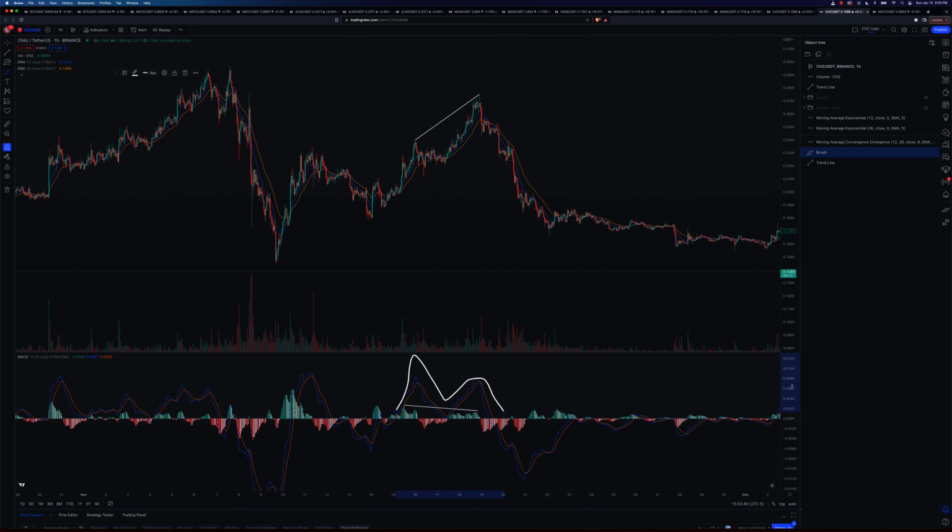So like I've said in previous videos, I like to have more than one reason before I enter a long or a short. So let's go ahead and put our fib retracements and see if we're in a good location. Okay.